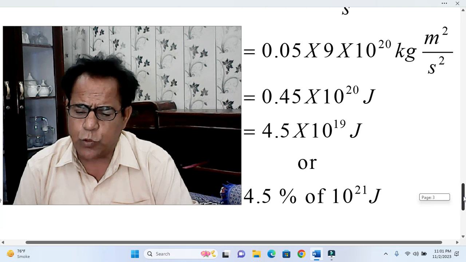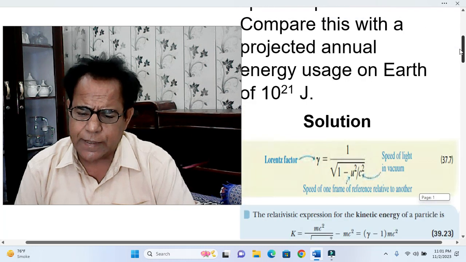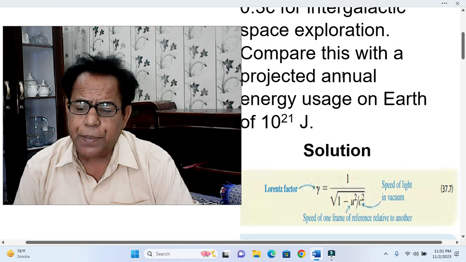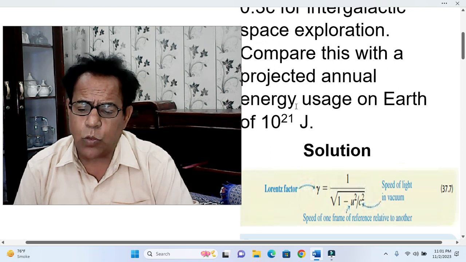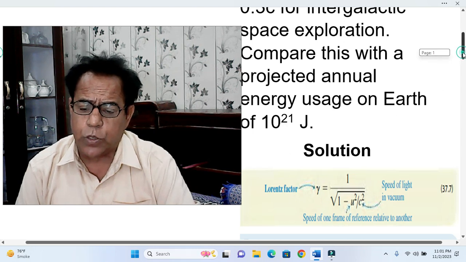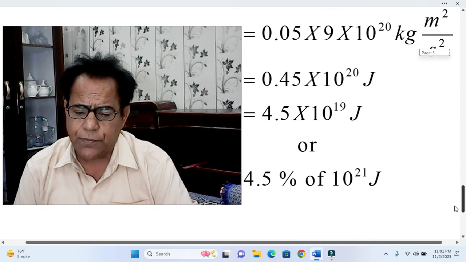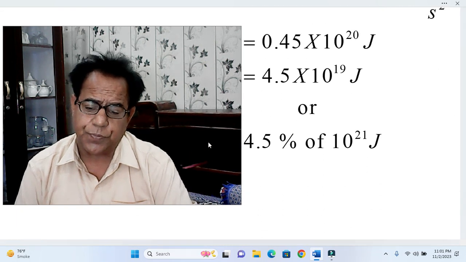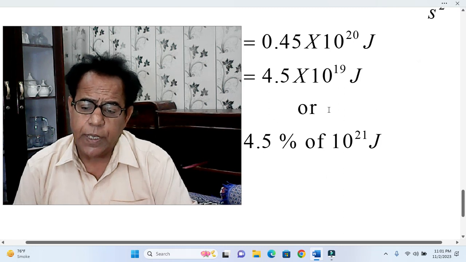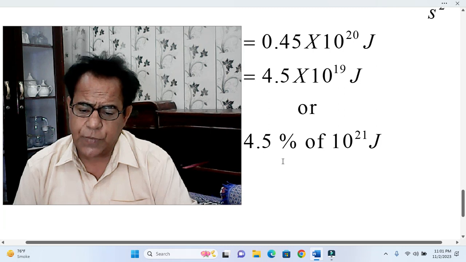We move to the statement: compare this with a projected annual energy usage on Earth of 10 raised to the power 21 joule.